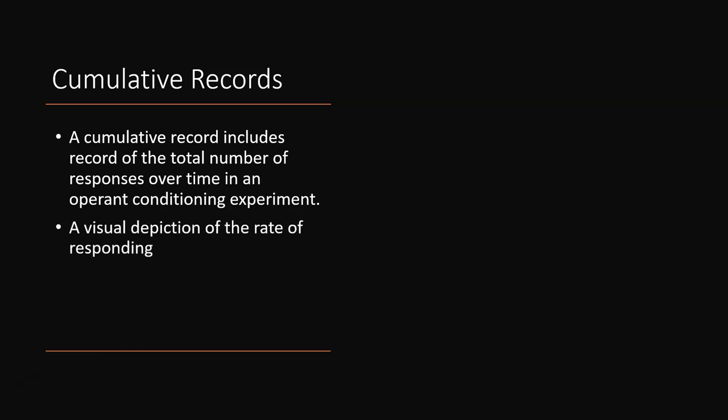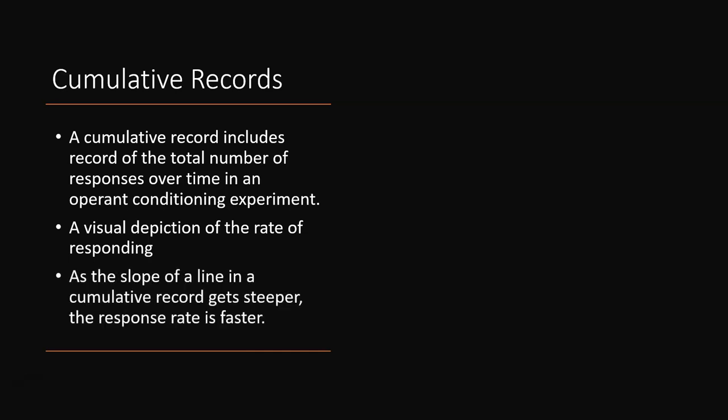When the responses are increased, you see changes in the appearance of that cumulative record. What this provides you, if you're doing training, is a visual depiction of how fast the organism is responding. The slope of the line, as it gets steeper, means that the response rate is faster.